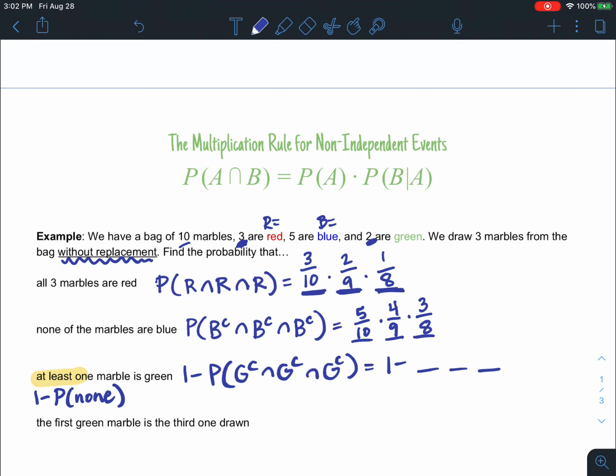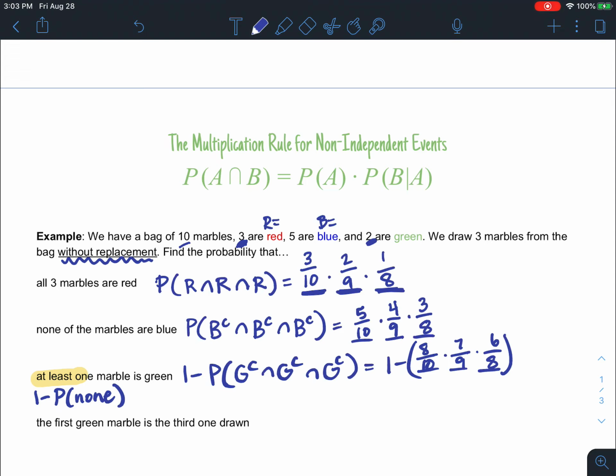Not green would be 8 out of 10. Set that marble aside. Now I have 9 marbles left, and 7 of them are not green. Set those 2 marbles aside. I've got 8 left in the bag, 6 of them are not green. Whatever that math is, I'm not going to actually type it in the calculator, but that would be our probability.